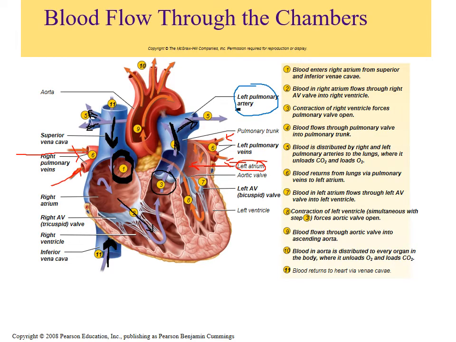Now notice how the veins, what color are they? Red. So the color coding between the pulmonary arteries and the pulmonary veins is switched from what you expect, and that's because they normally would carry deoxygenated versus oxygenated blood. That is also switched. Your pulmonary artery, which you would expect to carry oxygenated blood because it's an artery, is carrying deoxygenated blood.